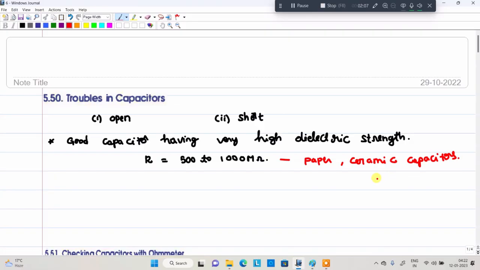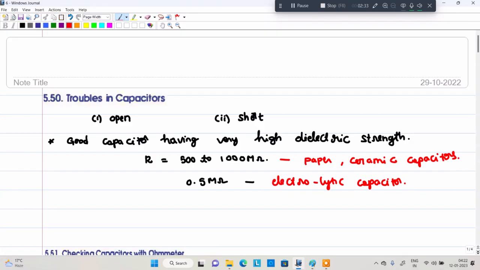In case of an electrolytic capacitor, it may be 0.5 mega ohm. This is the case for the electrolytic capacitor. So this is about the internal resistances.